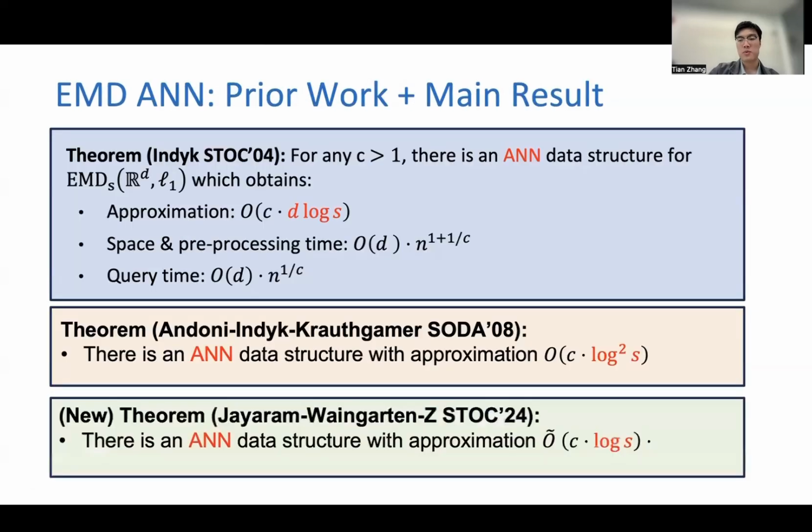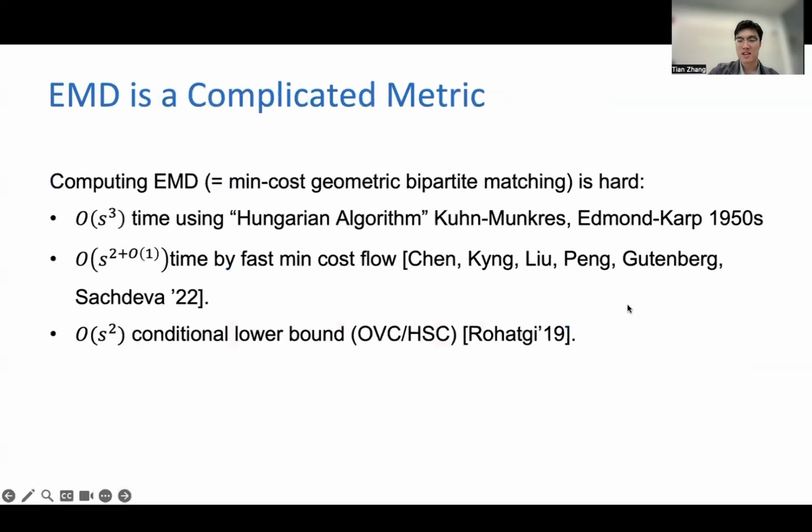Okay, so why do we have this extra approximation factor? Well, if we have to find an excuse, I would say EMD is complicated and computing EMD is already hard.